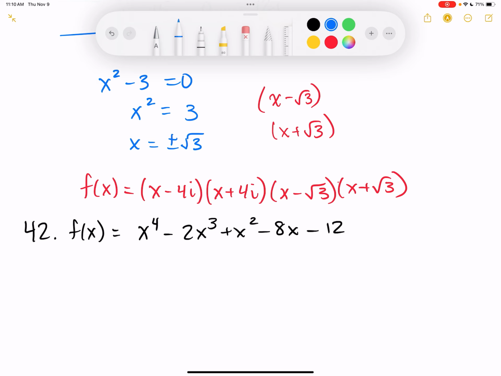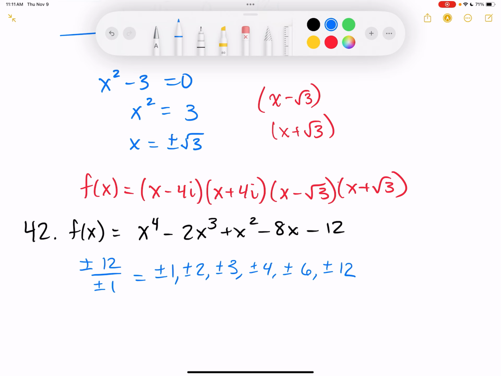So this one doesn't give us any zeros, so what do I need to do? So that's going to be plus or minus 12 over 1. So what are the factors of 12? Plus or minus 1, 2, 3, 4, 6, and 12.